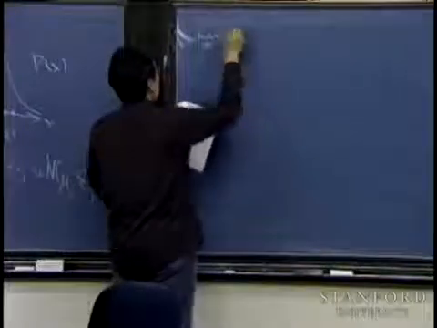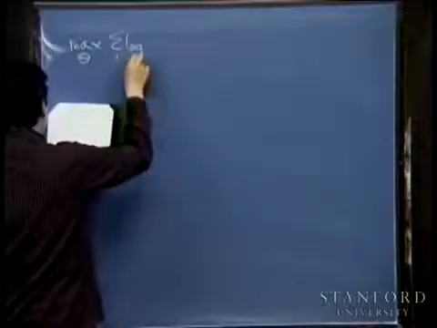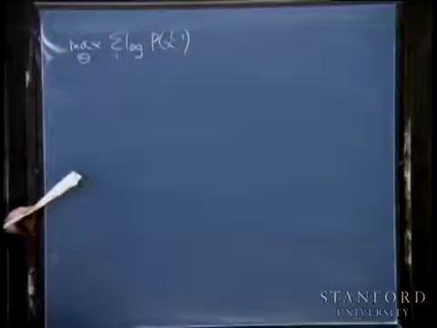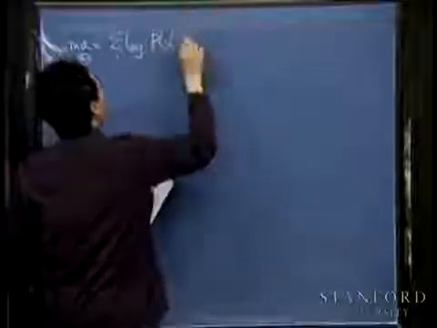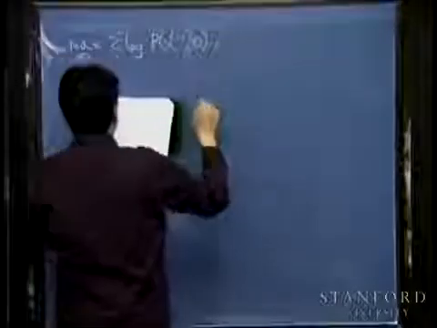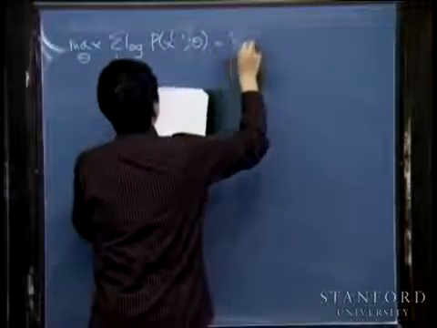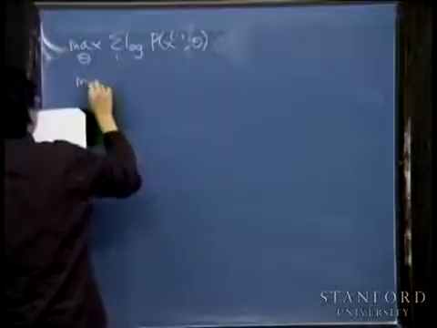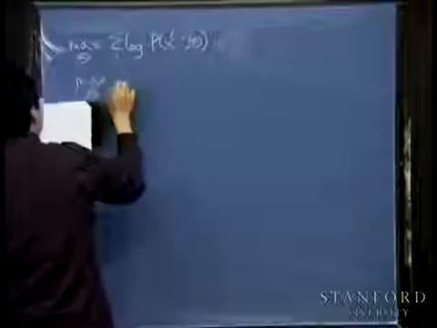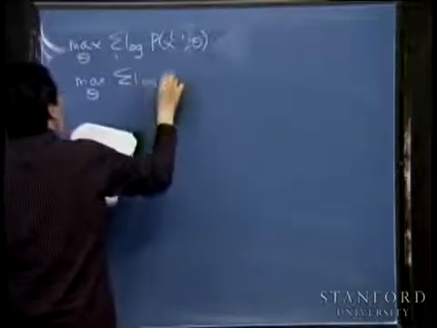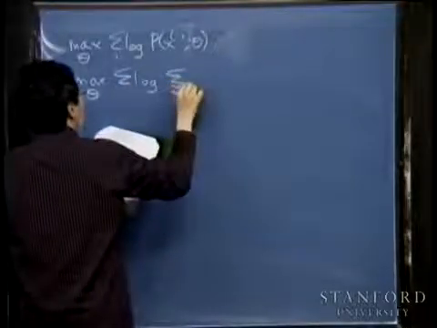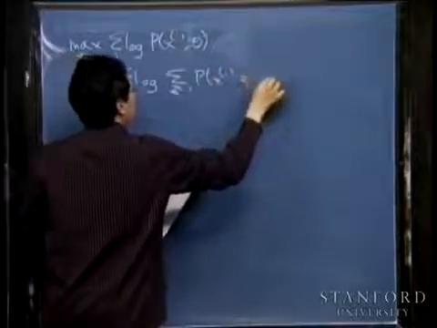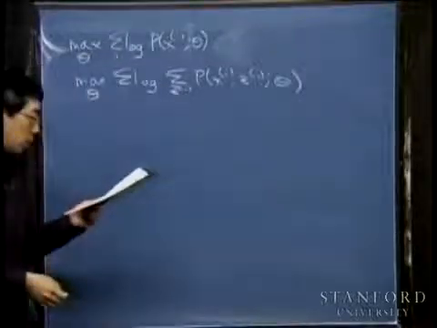So we want to maximize in terms of theta the usual maximum log likelihood, parameterized by theta. And because we have a latent random variable z, this is really maximizing in terms of theta the sum over i, sum over z, of P of xi, zi, parameterized by theta. Okay.